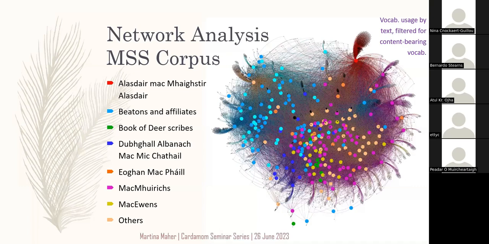So something we do see in this, however, that is quite useful, is that texts are clustering in terms of genre. So towards the upper right, grouped around the large red node, that is Alistair MacWeister Alistair's Coffee and Thraw, we typically find Fenian cycle prose narratives, as well as historical tales like the Book of Clanranald.